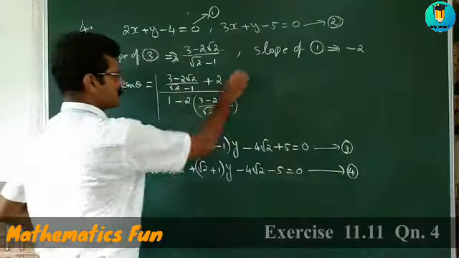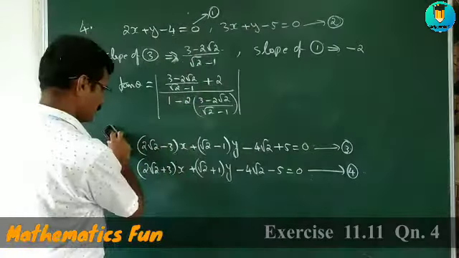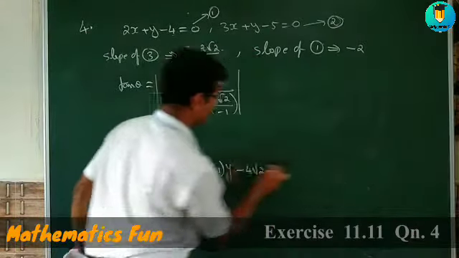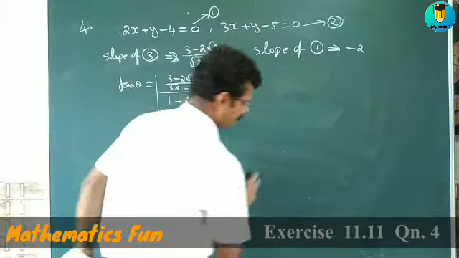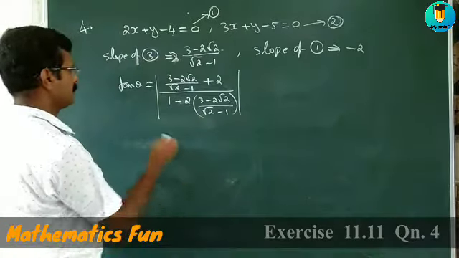Let's simplify it. If this value comes greater than 1, then it is the obtuse bisector, otherwise it is the acute bisector.